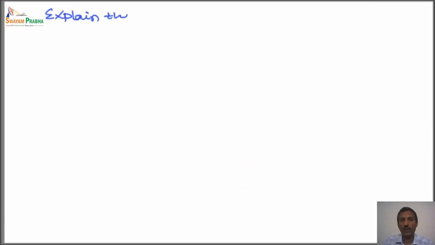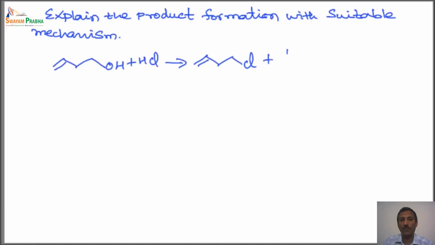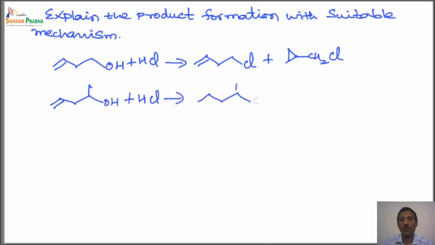Let us look at the next example. Here we have to explain the product formation with a suitable mechanism. An olefinic alcohol is treated with HCl to give the chloro cyclopropyl derivative. In the other one, this is a primary alcohol, this is a secondary alcohol, there is a methyl group here, and the rest of the molecule is the same.